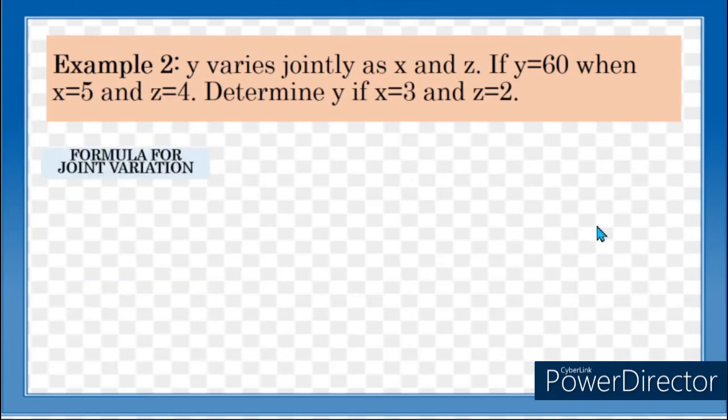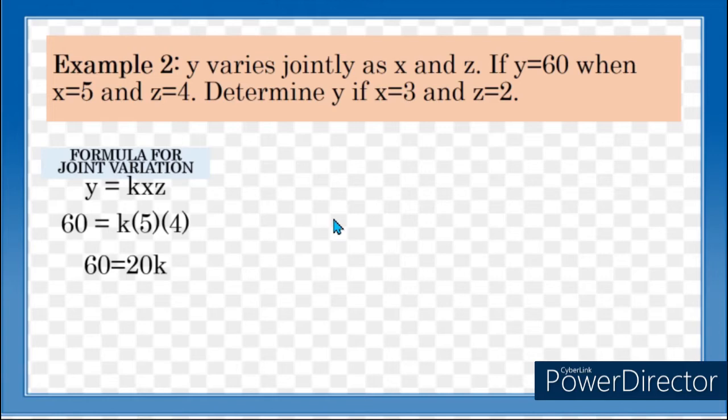Take note, ulitin ko lang, the formula for finding the joint variation is y is equal to k times x times z. So substitute lang natin dito. y here is equal to 60, x here is equal to 5 and z is equal to 4. So 5 times 4 is equal to 20. Then we have 60 is equal to 20k.